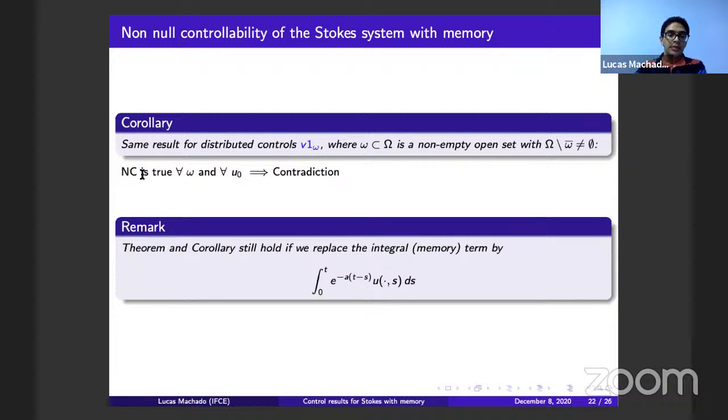To obtain these results, we used arguments of extension and contradiction. A remark is that this result still holds if you replace the memory term by this term. Here we have u instead of Laplacian u.